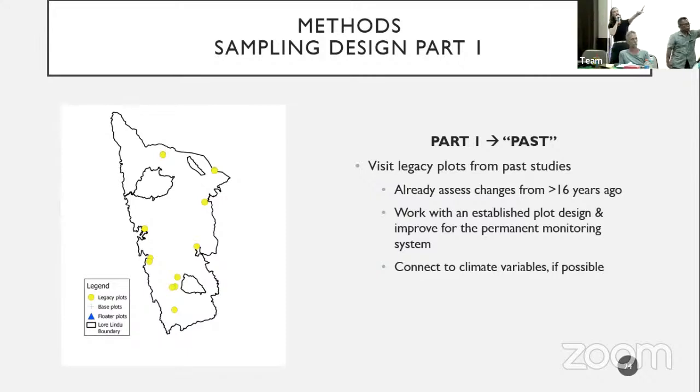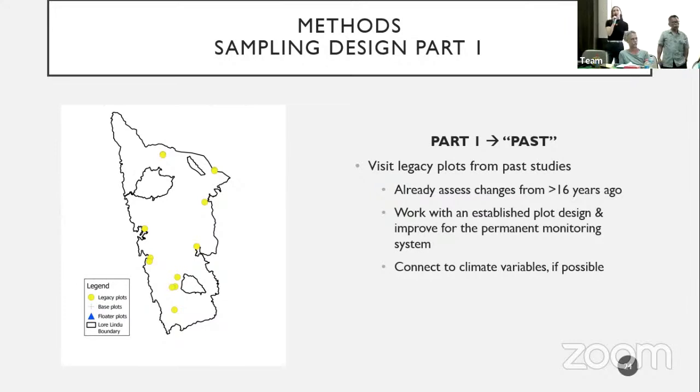So you can see the map of where I live here, and the yellow plots are actually quite close to the location of the plots from the study that I had mentioned, so from 10 years ago. So if we can already go to these plots, we can already have information on changes that have happened over the past 10 years. There are some studies that go back even further.